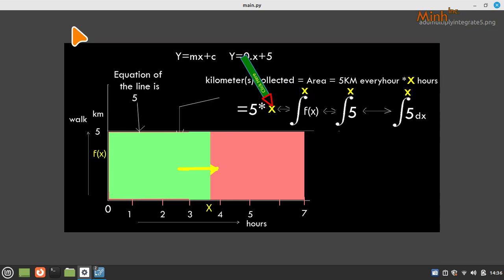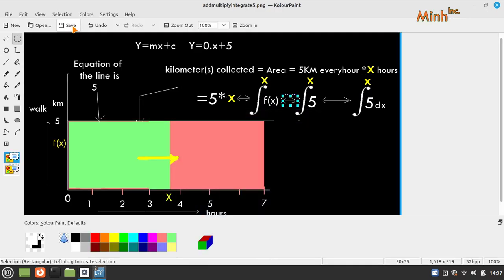X is the independent variable and this is the dependent variable. The dependent variable came inside and the independent variable went up. So this is how multiplication works, or we can even change it more.